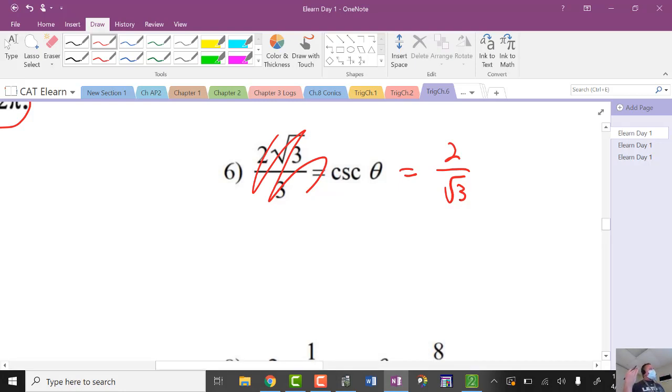Now again, this is where we have problems. Whose cosecant is related reciprocally? Sine. So I put a sine above this, but then I did this. You're going opposite. So what does that mean 2 is? R. What does that mean root 3 is? It's y. I don't have to think about x. That is the opposite side of the reference angle.